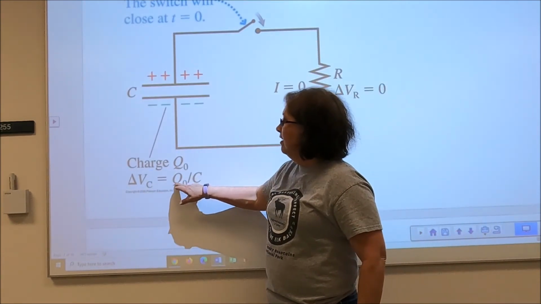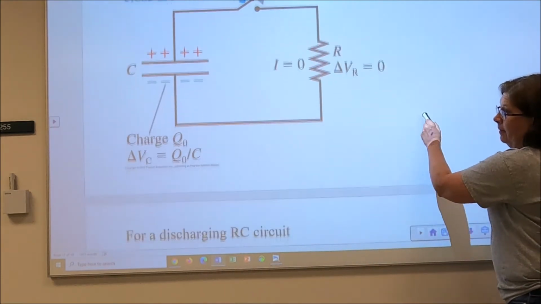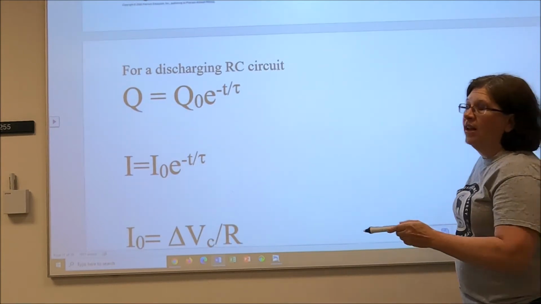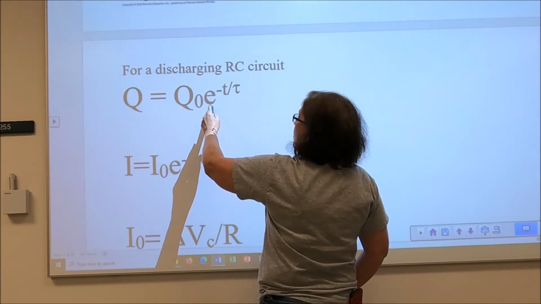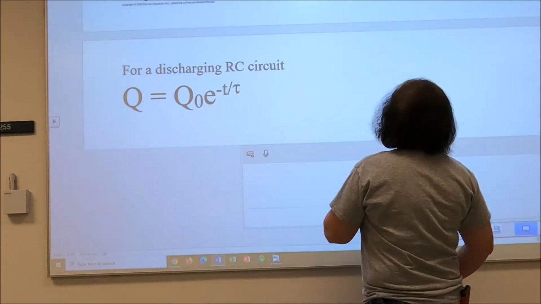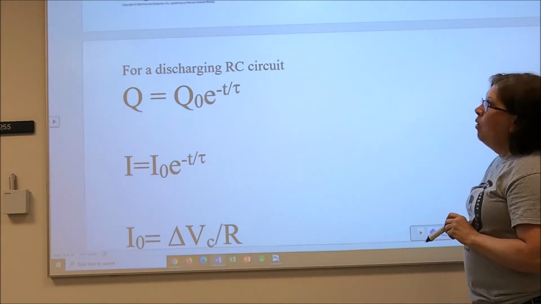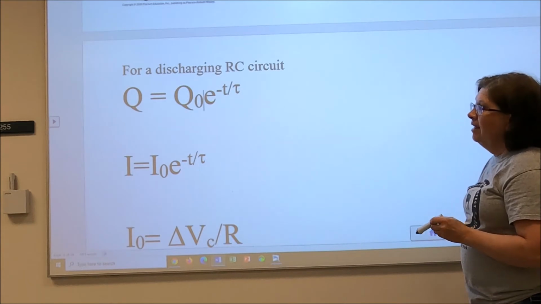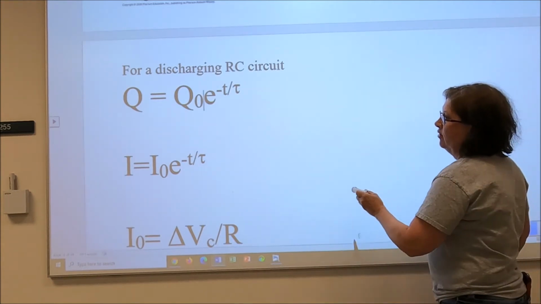The electrical potential across the capacitor is equal to Q0 divided by C. For a discharging RC circuit, Q at any point of time is equal to Q0 e to the minus t over tau. Tau is a constant based on the size of the resistor and the size of the capacitor.